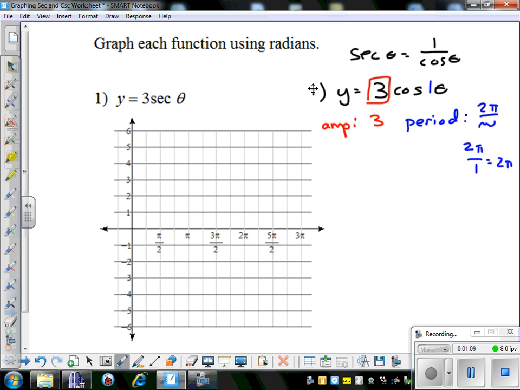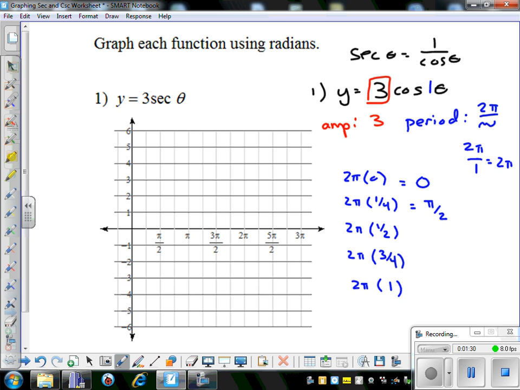Now, remember that's going to be 2 pi times 0, 2 pi times 1/4, 2 pi times 1/2, 2 pi times 3/4, and 2 pi times 1. That gives us 0, pi over 2, pi, 3 pi over 2, and 2 pi as our 5 points within the period.